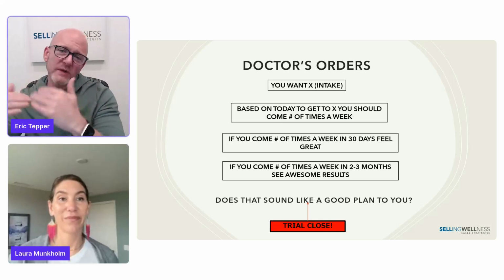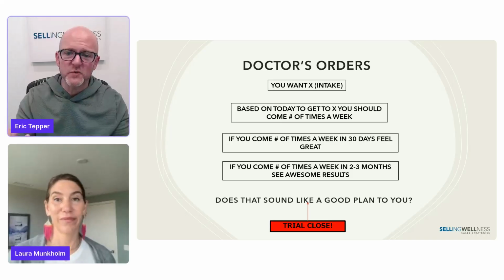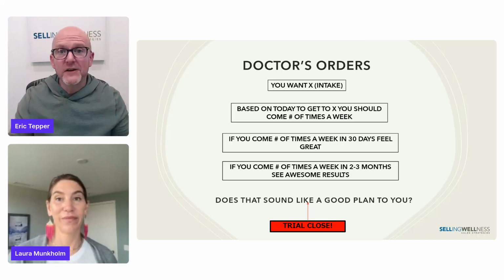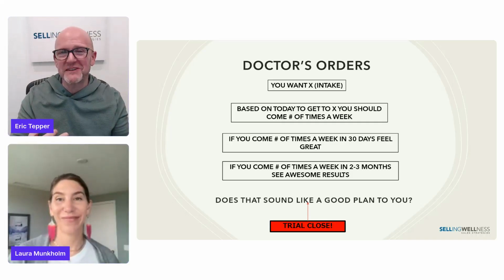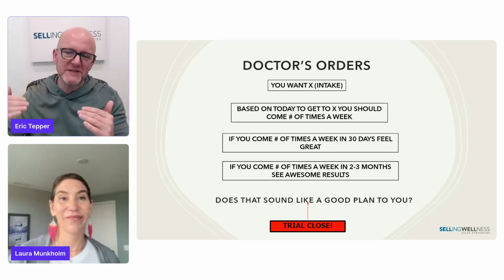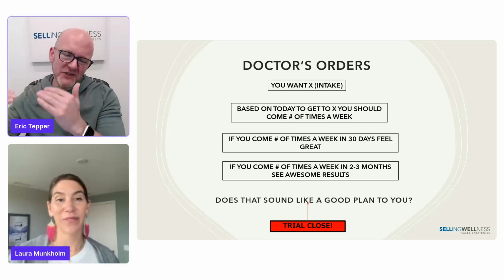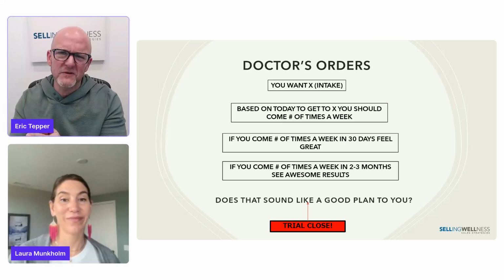Based on the specifics of your goal, you add this in once or twice a week. Your first 30 days, you're going to be sore, just like when you first started Pilates, and it's an adjustment period. But by the second to third month, you're really going to start to notice those strength gains. And then it's just fine tuning and maintenance at that point. Does that sound like a good plan for you?